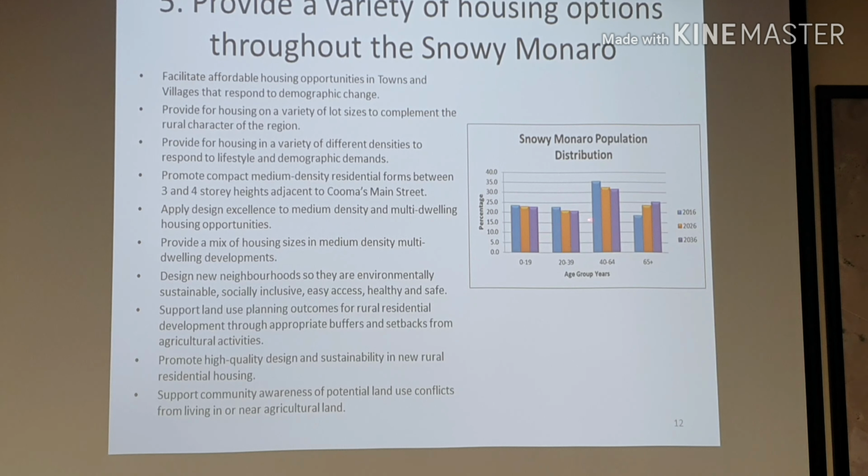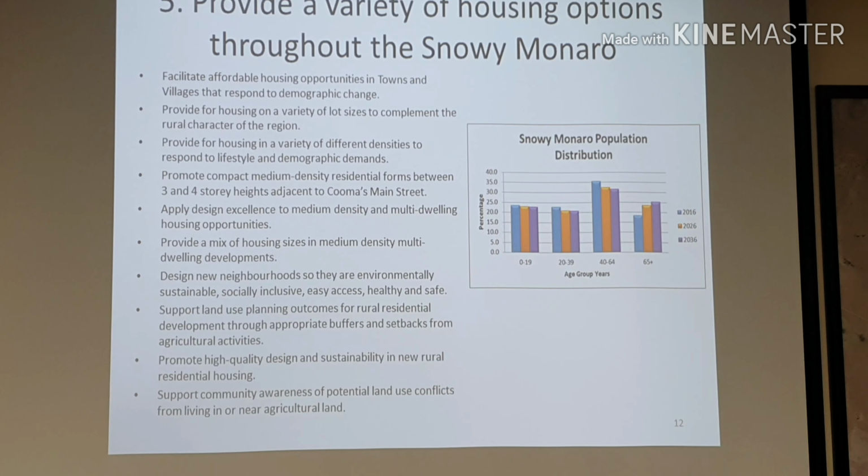The younger age groups are getting less of an overall percentage share in the population, and the older age groups are increasing in terms of their population share, particularly that over 65 age group. This is likely to require different types of housing into the future, more focus on ageing in place options.